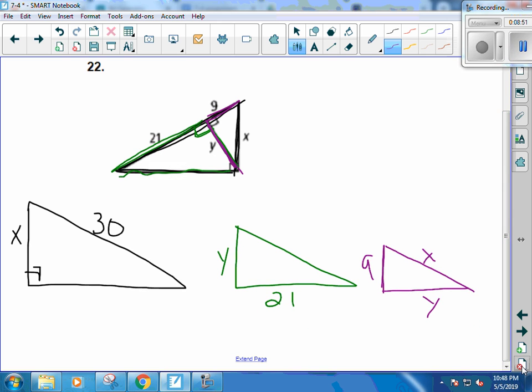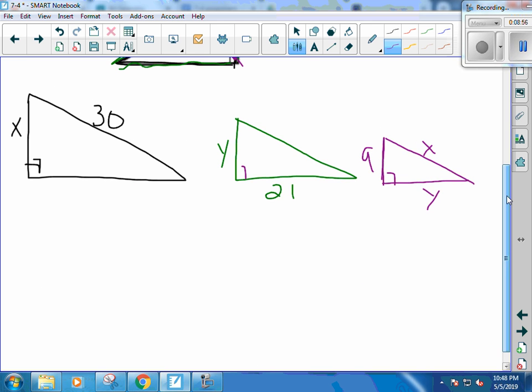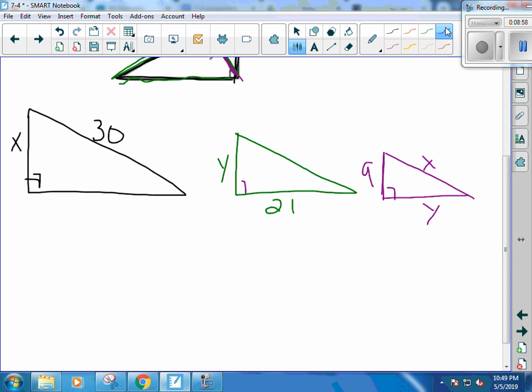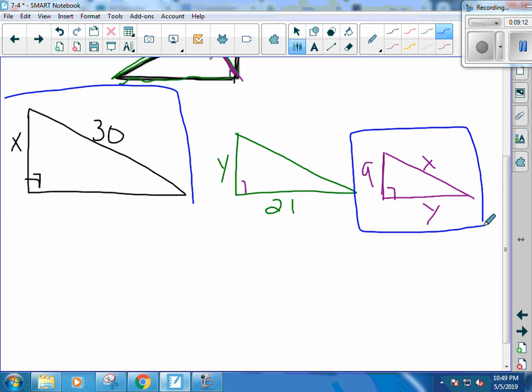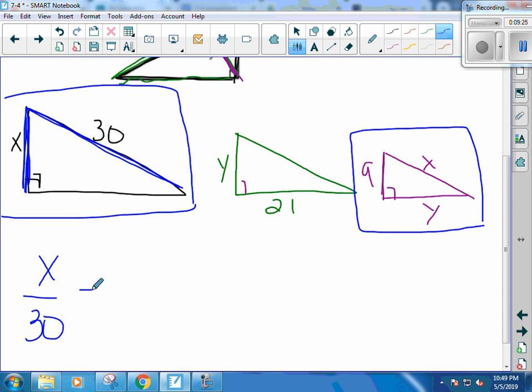Okay, so the hardest part, I think, is setting up the three triangles. Now I can do ratios. Let's do, doesn't matter, we'll do x first. So this triangle has an x, and this triangle has an x. So I'm going to do this leg, because it's my variable, over the hypotenuse. So again, first fraction, set it up however you want to.